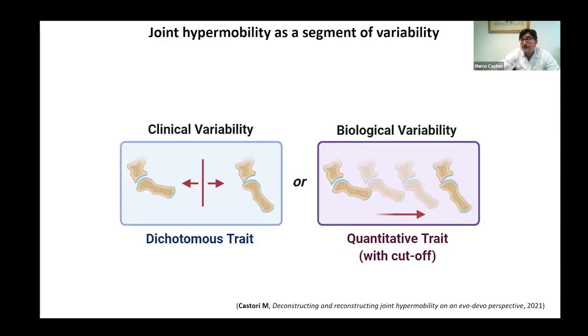Nevertheless, joint hypermobility is a label that we attribute with an idea of what is normal in our mind. This is also the case of double jointedness, which is assessed with the application of the Beighton score. But how frequently do we hesitate in front of individuals with borderline Beighton score, or individuals with negative Beighton score, but with joint hypermobility in joints that are not counted in this score?